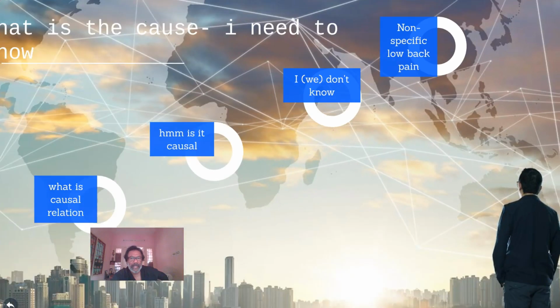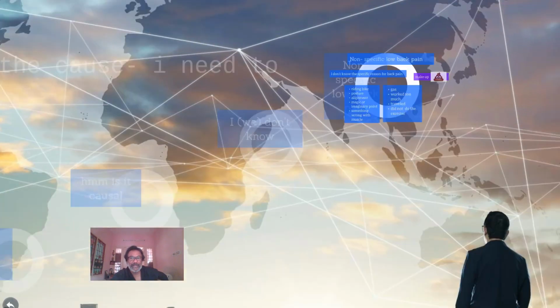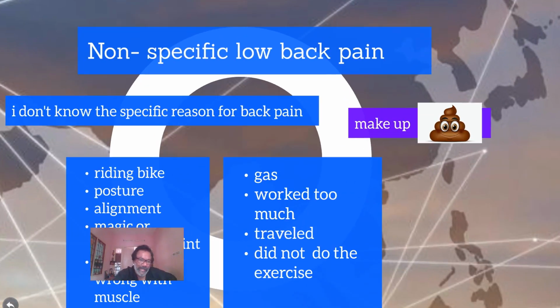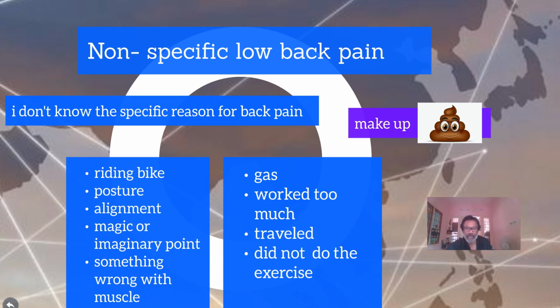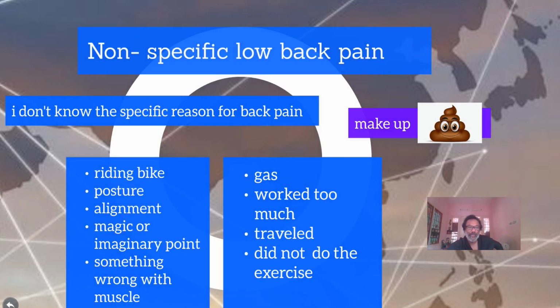Now, if I apply the whole thing to non-specific back pain, this becomes slightly clearer for us to understand why we need this. Now, the first thing you want to remember is, why do they call it non-specific back pain? Because the answer is fairly simple.